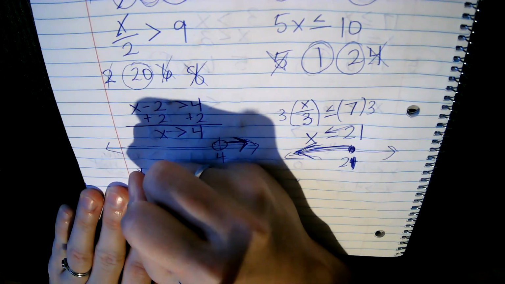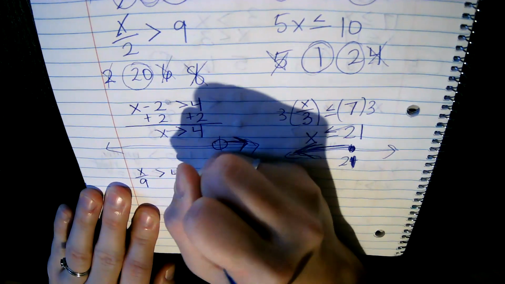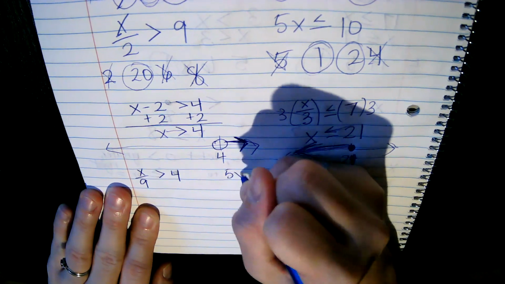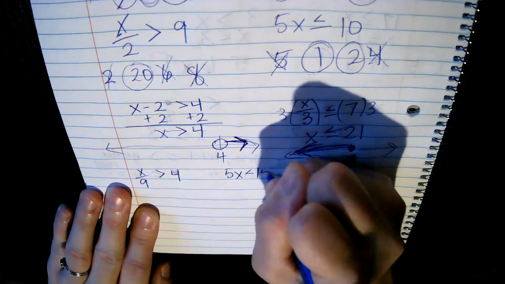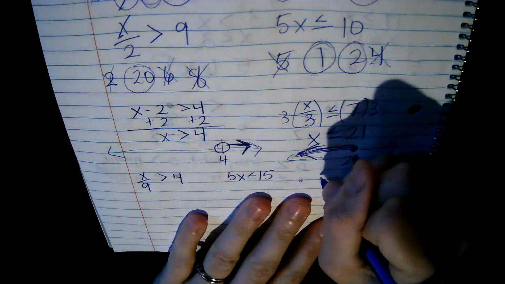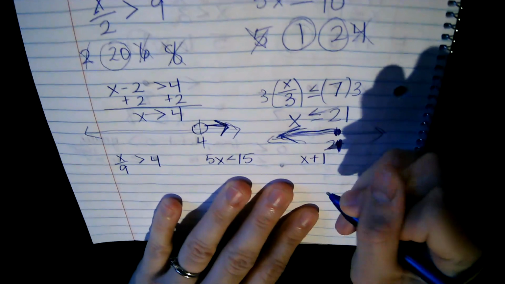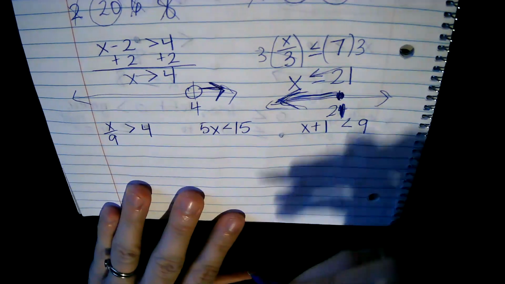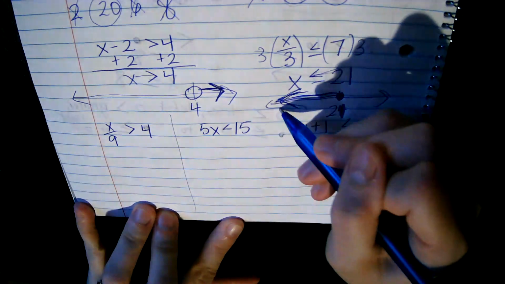X over 9 is greater than 4. 5x is less than 15. And x plus 1 is less than 9. So just do these three.